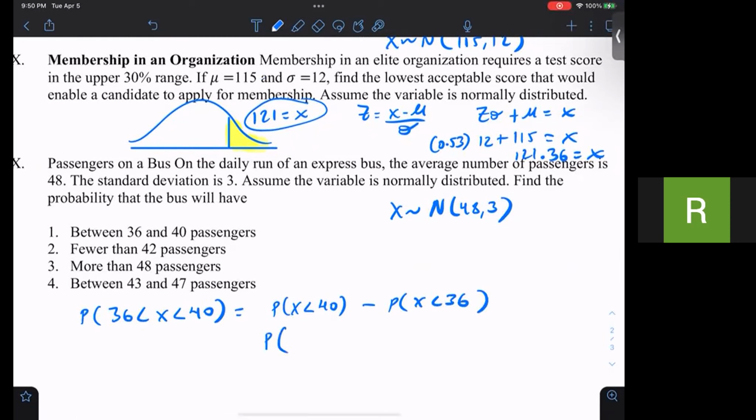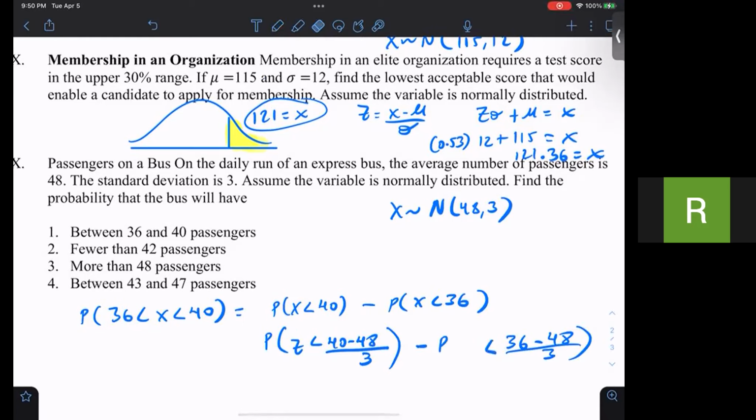Here you need to standardize those values. Z is 40 minus the mean, 48, over sigma, 3. And you need to find this one too, minus Z, where X is 36, the mean is 48 and sigma is 3.